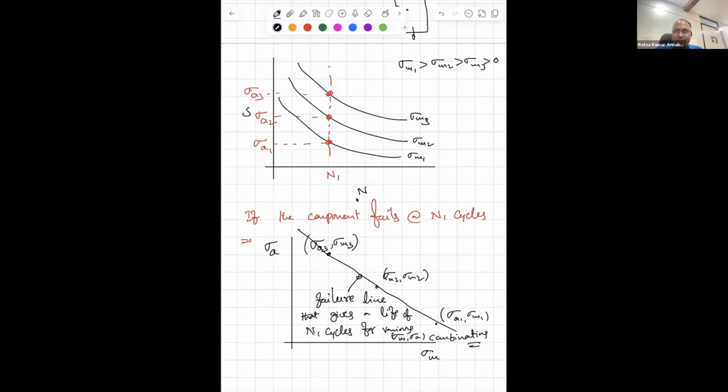Clear, sir. This line is straight? Yes, Srikanth. This line is straight because n1 is constant. So this line is giving you n1 number of cycles. Corresponding to that life, these are the combinations of stresses that give you failure at n1 number of cycles. So this diagram is also called a constant life diagram.